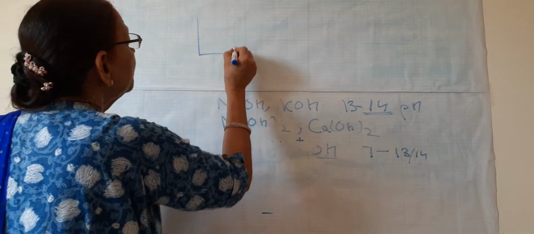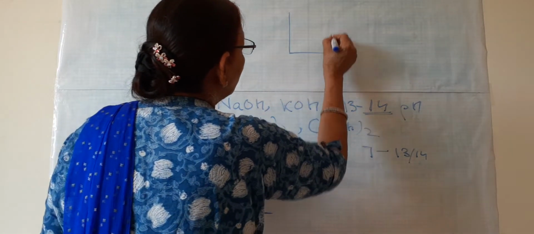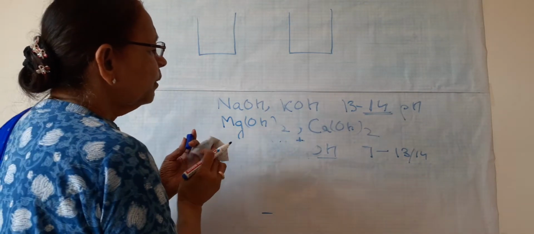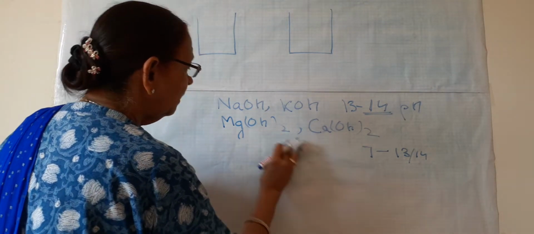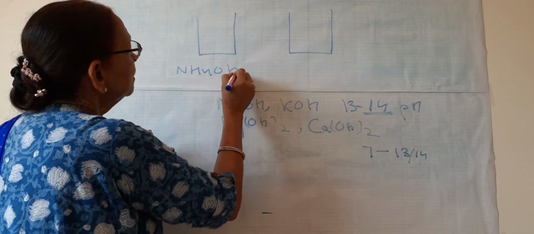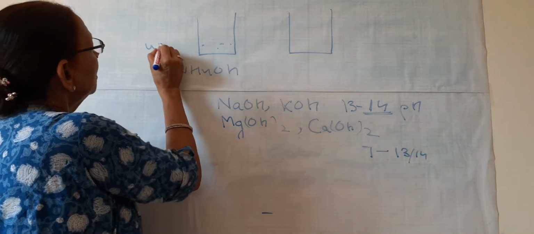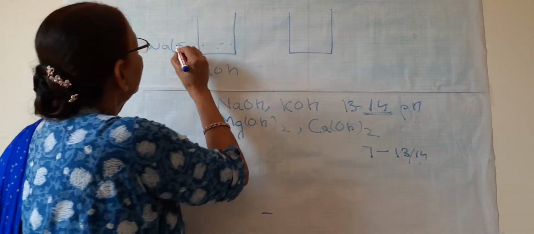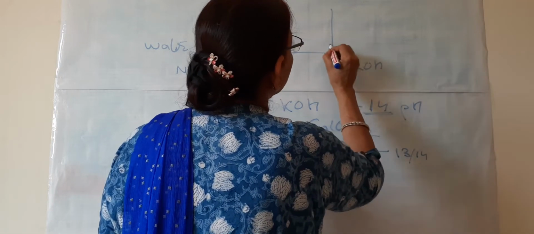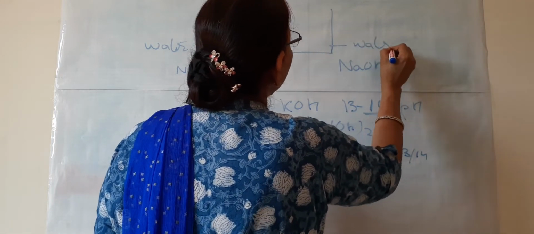Suppose we take two beakers and take water in these beakers. NH4OH is a weak alkali or a weak base. So we put NH4OH in water solution in one, and in the other we put NaOH in water solution. What will we see?